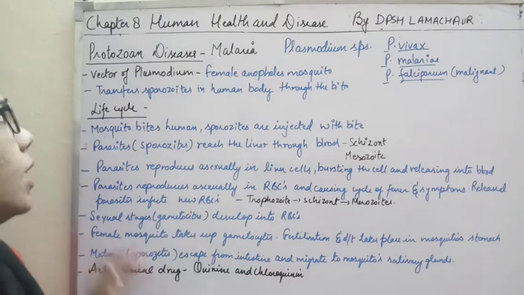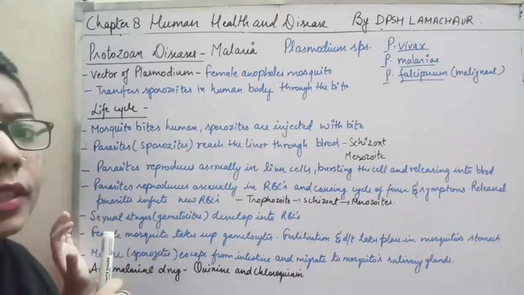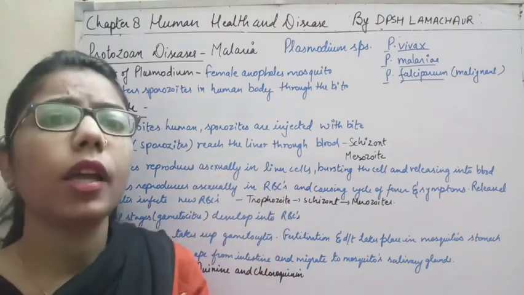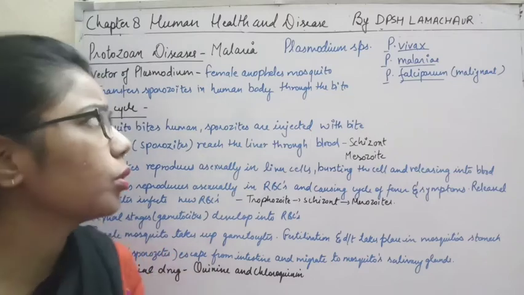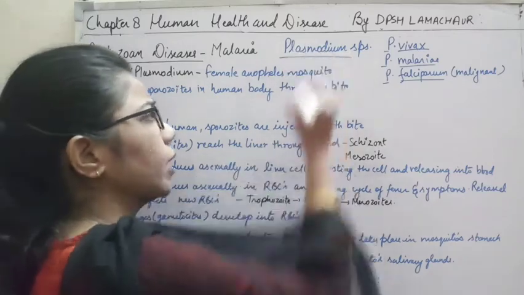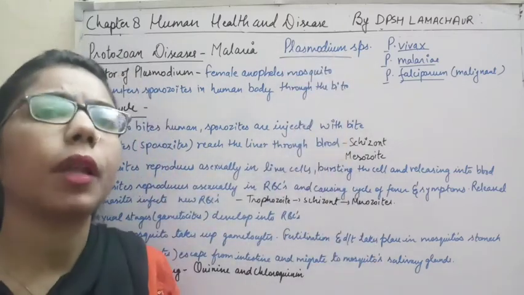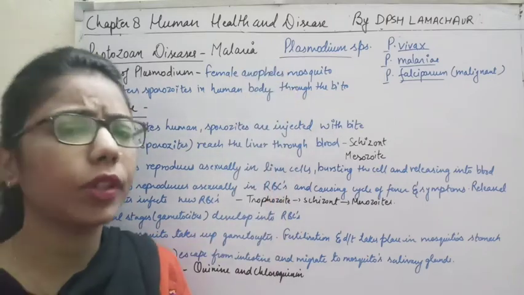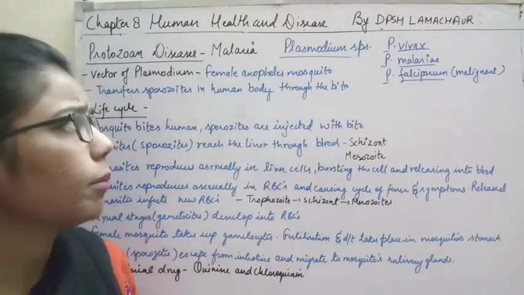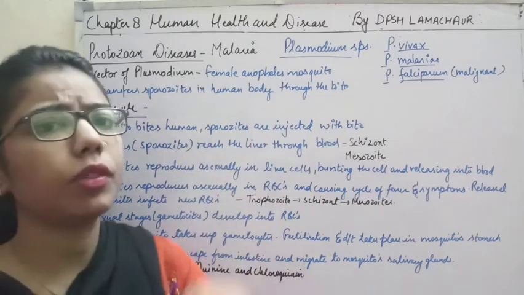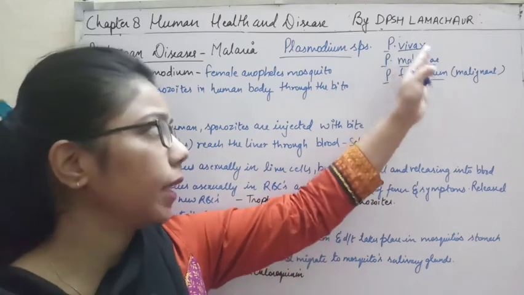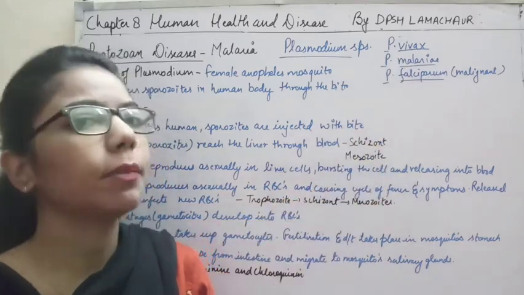Now students, this protozoan disease, malaria, is caused by a protozoan, and the name of this protozoan is Plasmodium species. Malaria can be of different types, caused by different species of Plasmodium, like Plasmodium vivax, Plasmodium malariae, and Plasmodium falciparum.